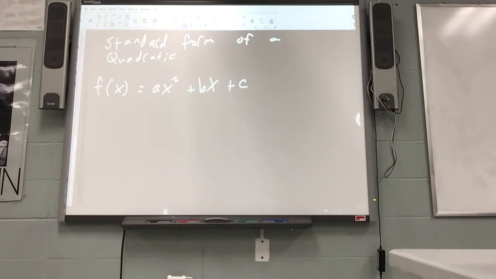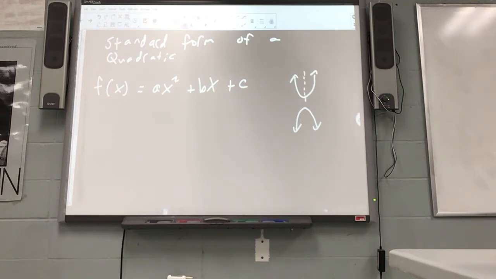So same as with absolute value functions, we'll either have an upright U or an upside down U, depending on your A. Just like with an absolute value, if your A is positive, your U will go up. If your A is negative, your U will go down. Okay, same stuff on all that. The reason this is going to be so easy for you is that these are just like V's in that their vertex is on the axis of symmetry.